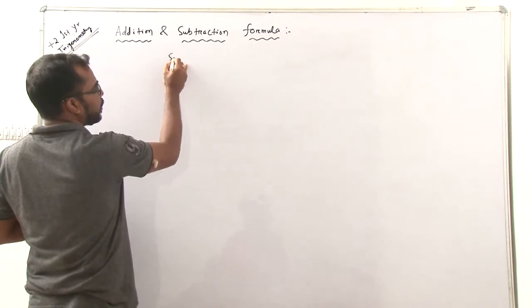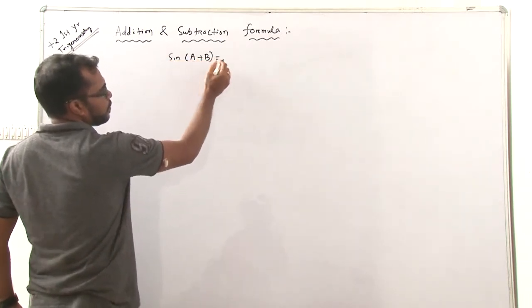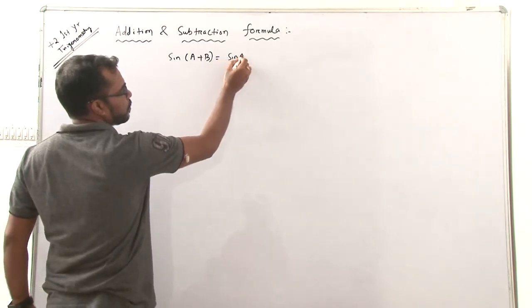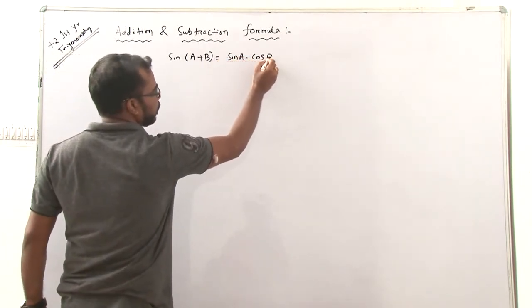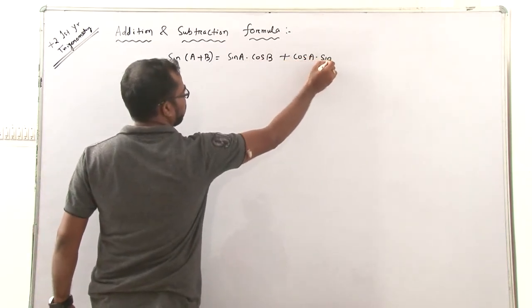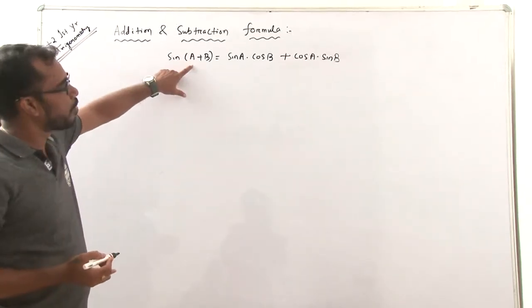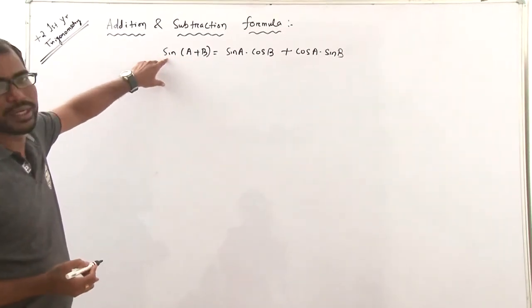First is sin(a plus b). Sin(a plus b) is equal to sin a into cos b plus cos a into sin b. So this is the addition formula in terms of sin.